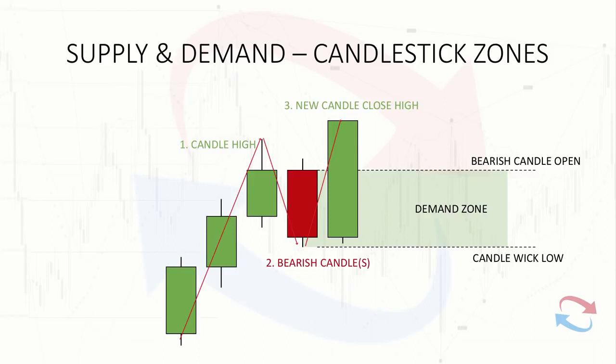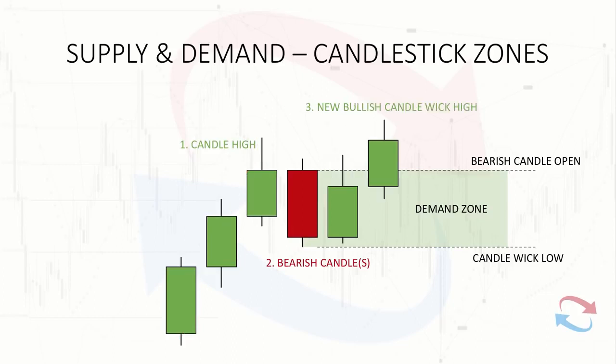When we get this kind of sequence, a bullish, bearish, bullish candle, and the bullish candle has to make either a wick high or a close high, we draw a demand zone from the bearish candle's open to the lowest candle wick low, and this will become our demand zone.